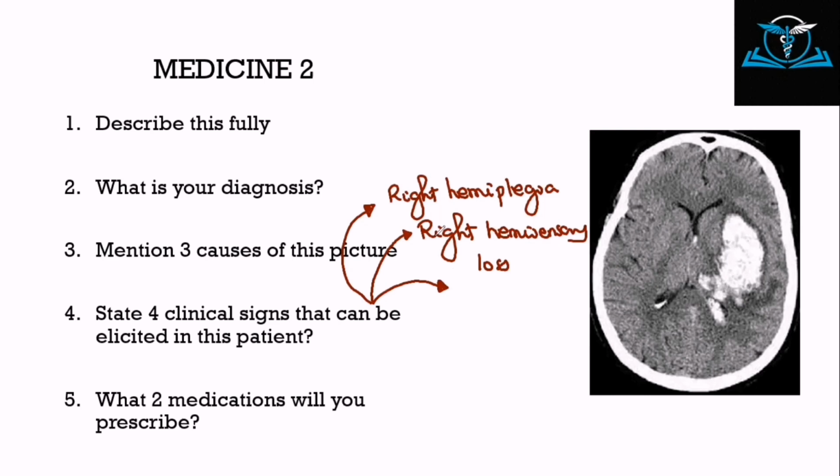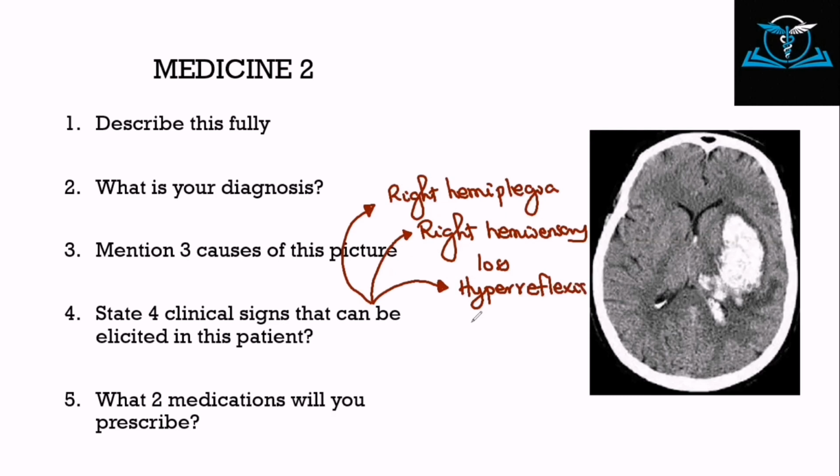We are asking for signs of upper motor neuron lesion here. You've given me right hemiplegia, right hemisensory loss. What else? Hyperreflexia. I am teaching you how to answer these questions. When it comes to the unmanned OSCE, trust me, you get something to say.